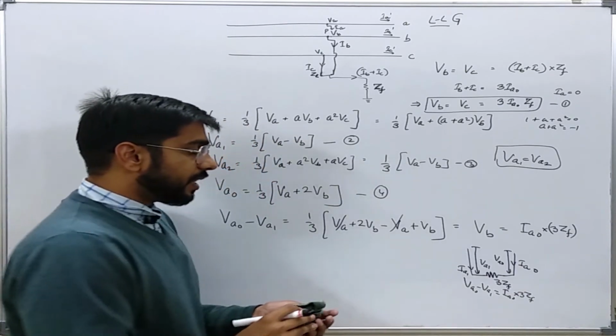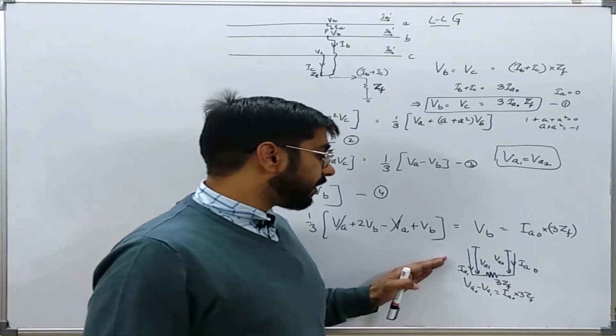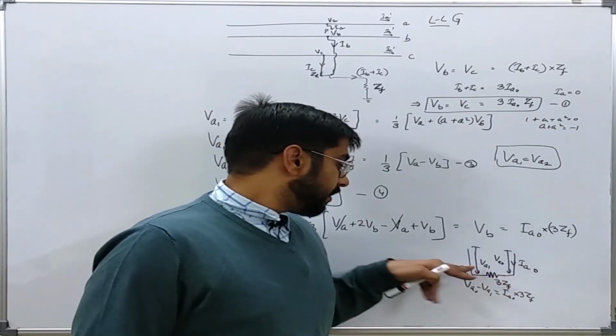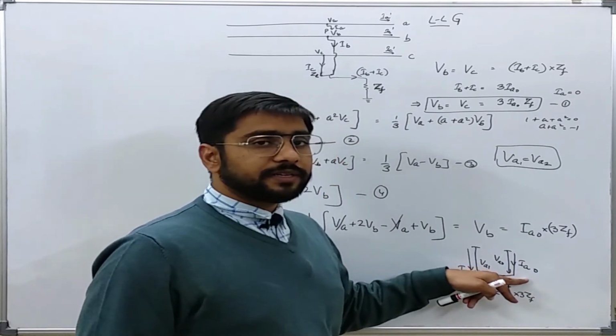So we have got half the picture of the interconnection of the positive sequence and the zero sequence network.